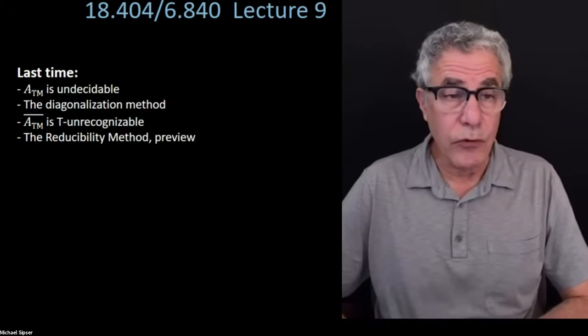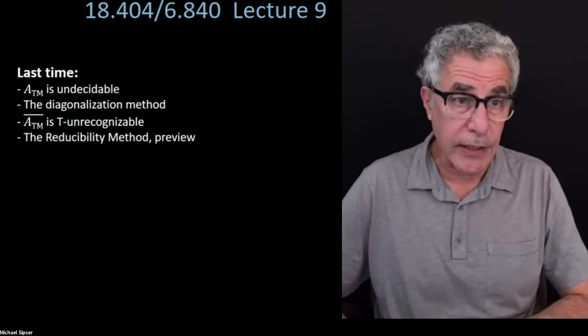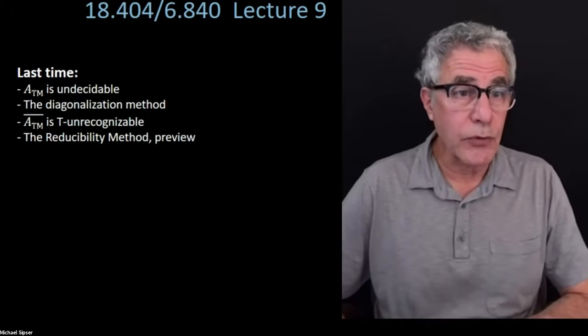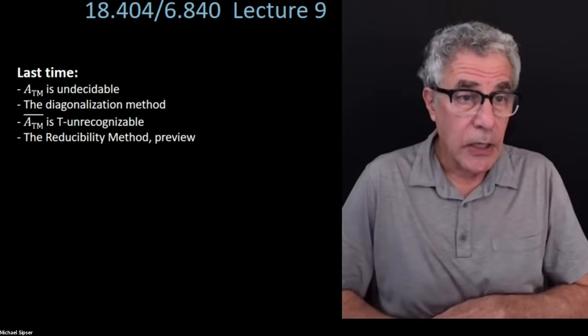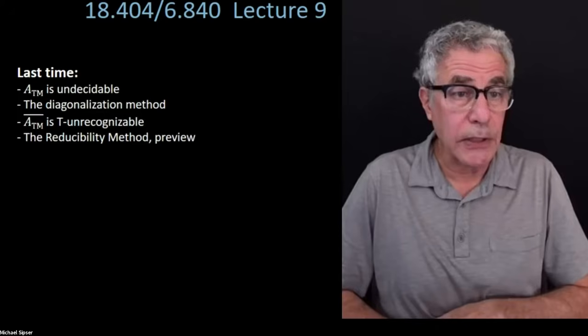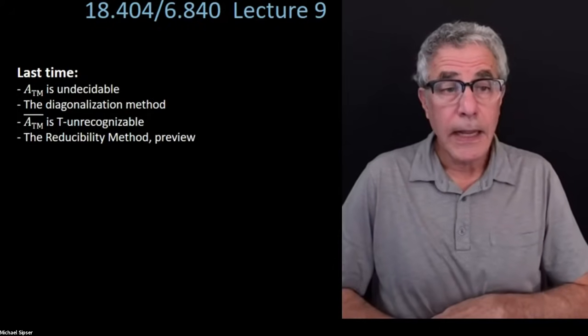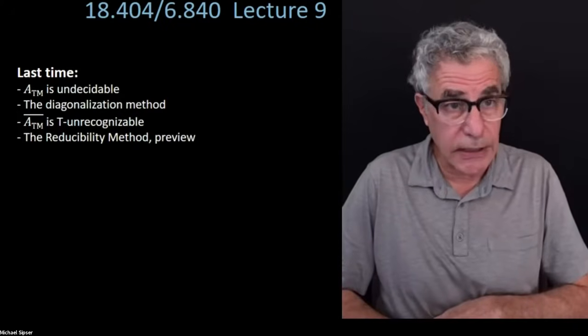And though we proved the undecidability of Eqtm using the diagonalization method, as you hopefully remember, we're going to introduce a new method, which we basically previewed last time, called the Reducibility Method, which is the way other problems are typically shown to be undecidable. And so we're going to stick with that for this lecture and also next lecture.